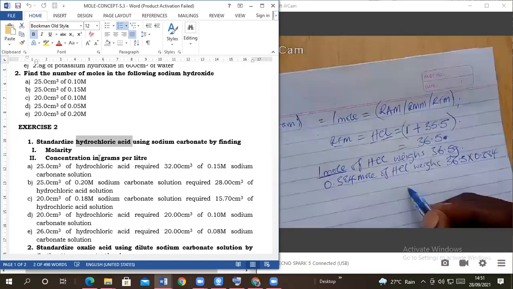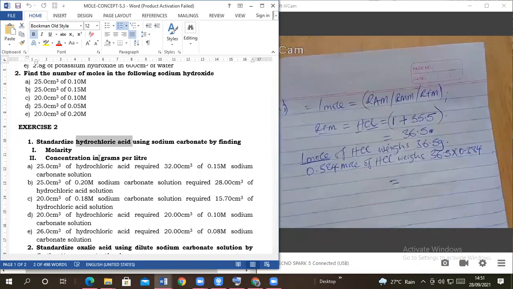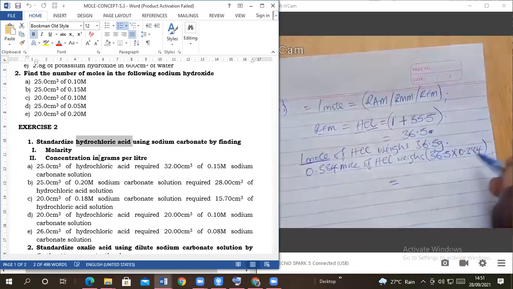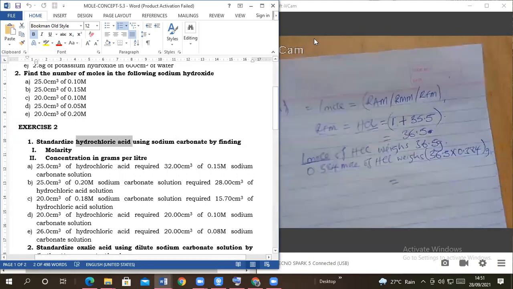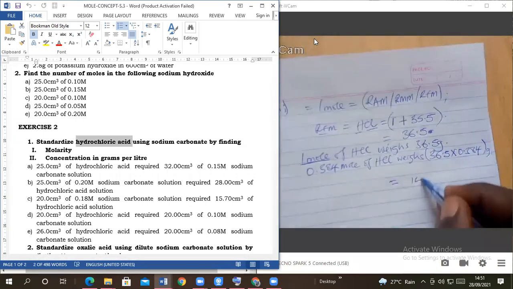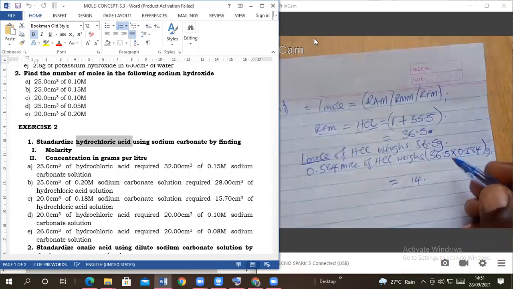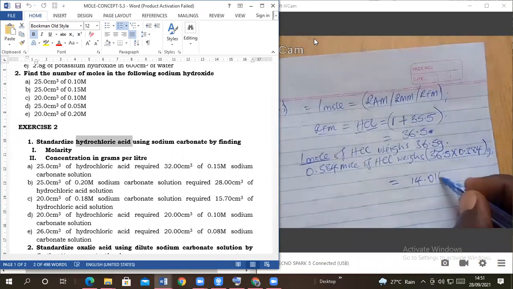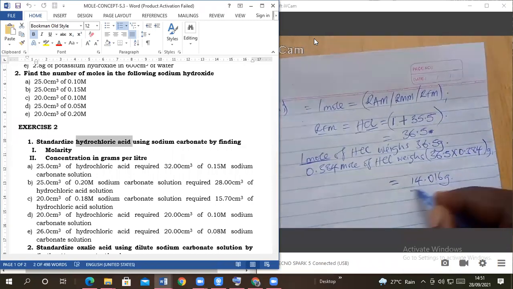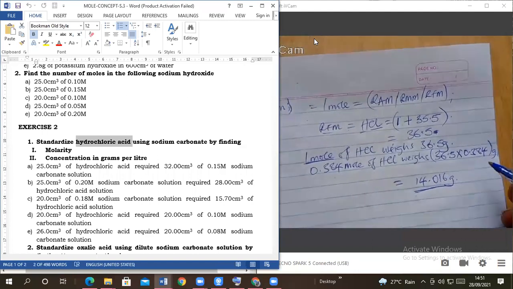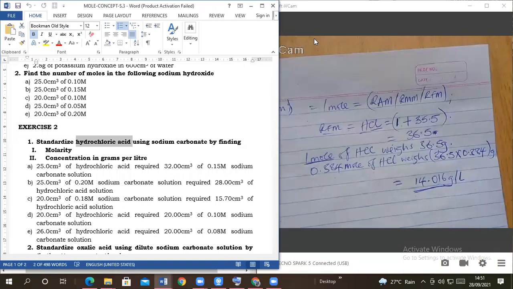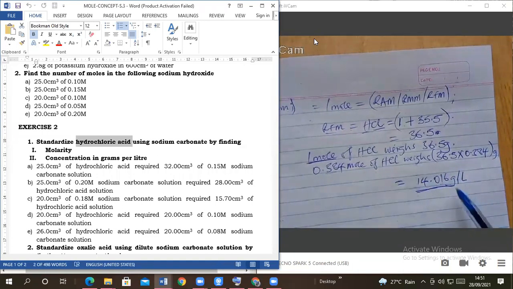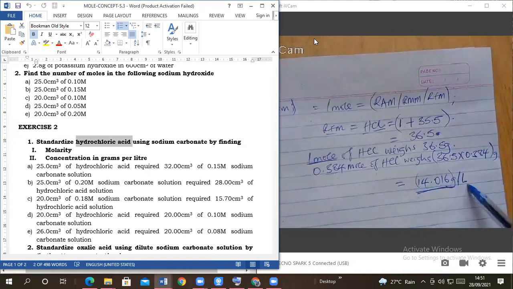What do you get? These are grams. 14.016 grams. So this is the concentration of this acid in grams per liter. Meaning to get this molarity, we have to get these grams and dissolve them in a liter of water. That's the molarity of that acid.